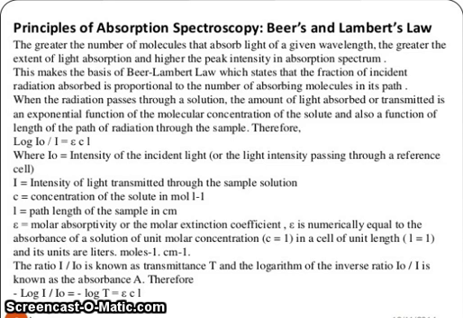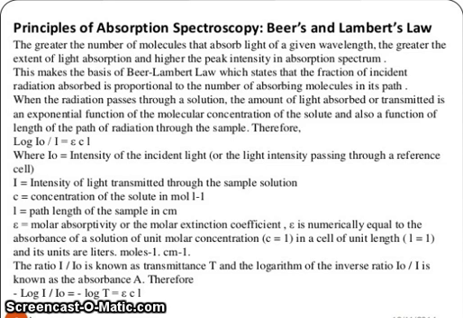Therefore, log I naught by I is equal to epsilon C l, where I naught is the intensity of incident light or light intensity passing through a reference cell, I is the intensity of light transmitted through the sample solution, C is the concentration of sample in mole per liter, and l is the path length of the sample in centimeter. Molar absorptivity or molar extinction coefficient epsilon is numerically equal to the absorbance of the solution when molar concentration C is equal to 1 in a cell of unit length, and its units are liter per mole per centimeter.